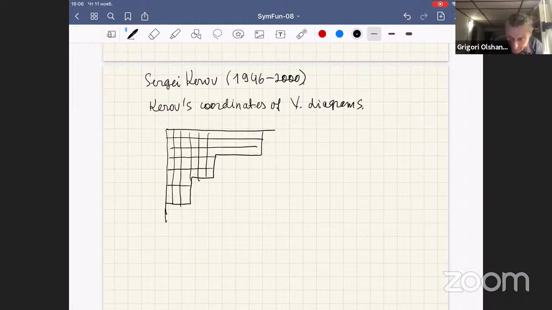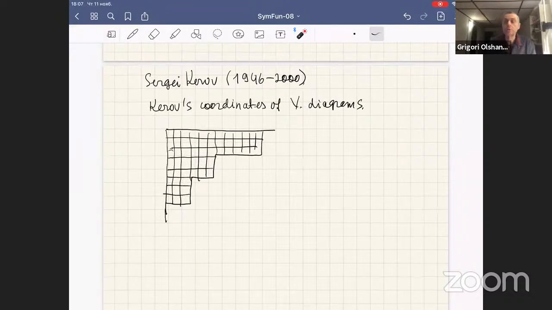In general, the diagram can have multiple rows and multiple columns. And these diagrams have inner corners and outer corners. And the number of inner corners is equal to the number of outer corners plus 1.